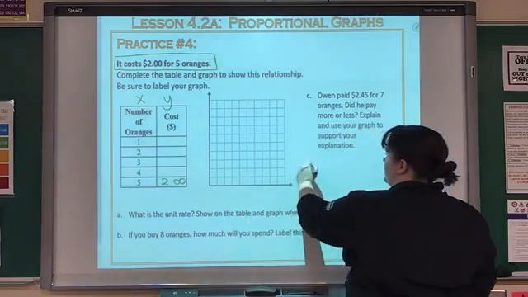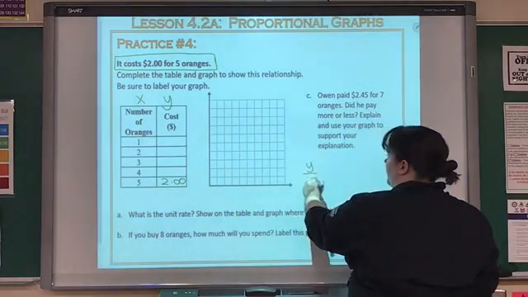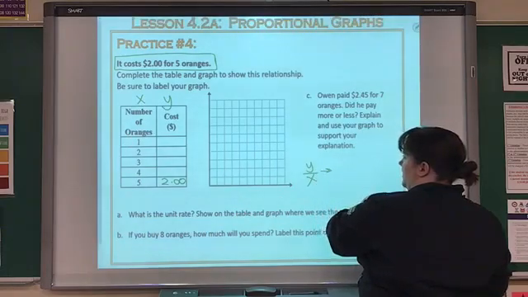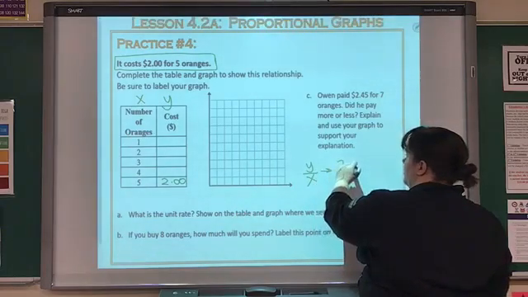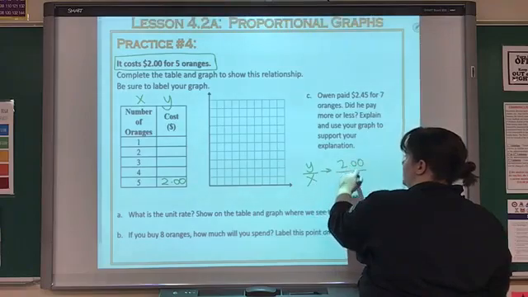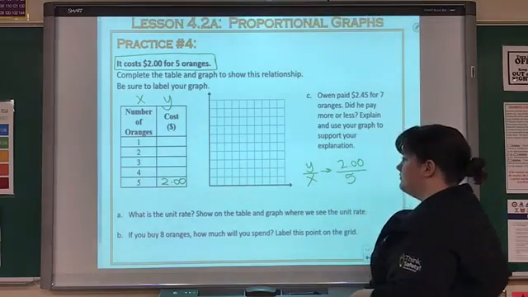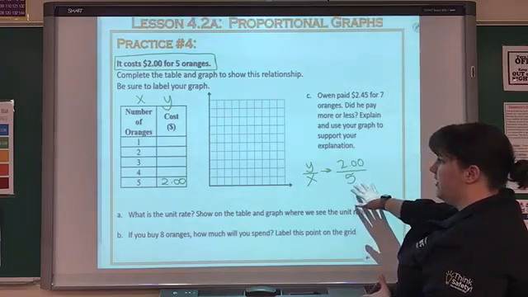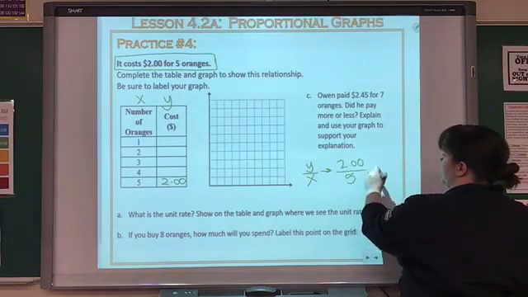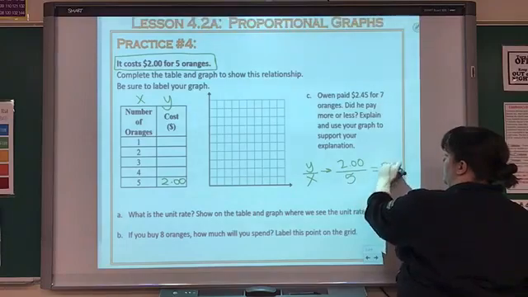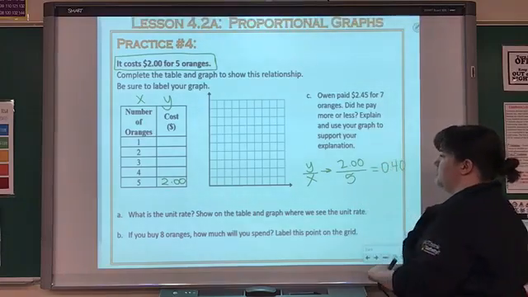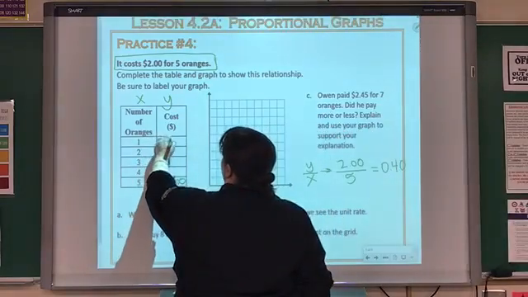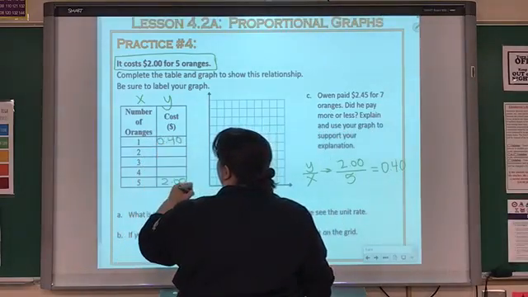To figure out the constant of proportionality, we can do y divided by x. In this case, it would be $2 divided by 5. So, if you were to plug this into your calculator, this would give you 40 cents. That means that for 1 orange, it costs 40 cents.